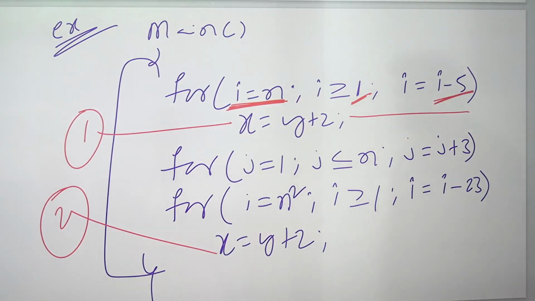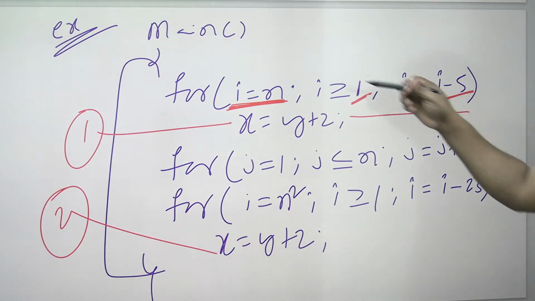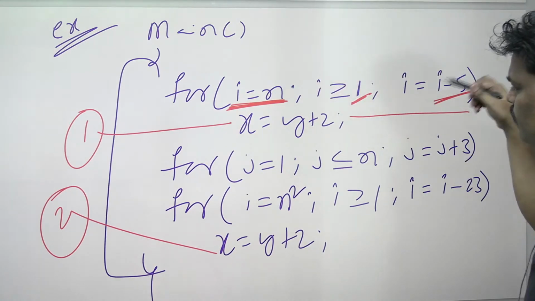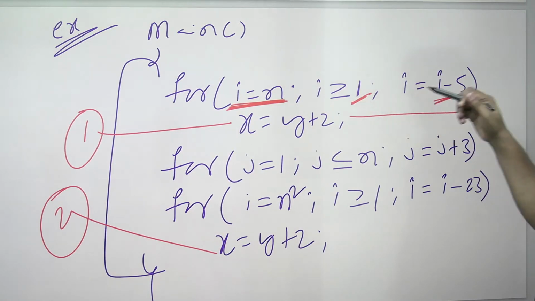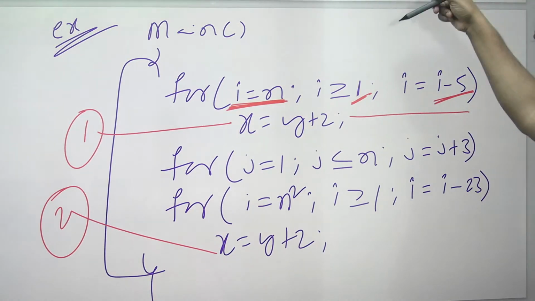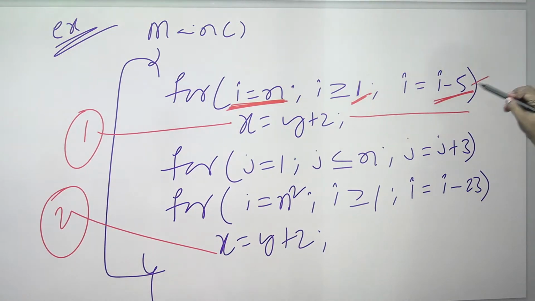What I want to say is, start from small, then increment, you will go to n, with plus 5 each time. Start from big, then decrement until 1, with minus 5 each time. Both are the same, it is also n by 5.